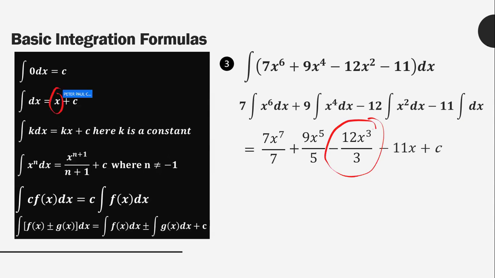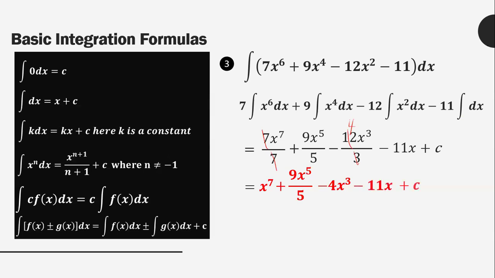So that becomes negative 11x plus c. Simplifying further, we cancel 7 and 7. 12 and 3 could be 4, right? So it becomes x raised to 7 plus 9x raised to 5 over 5 minus 4x cubed minus 11x plus c. So that is now the final answer.